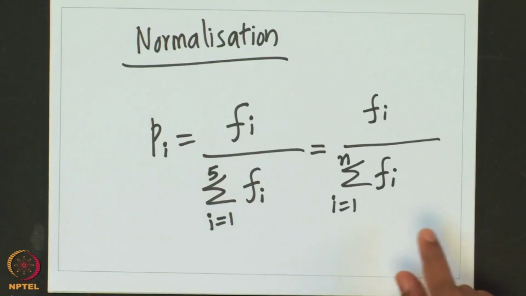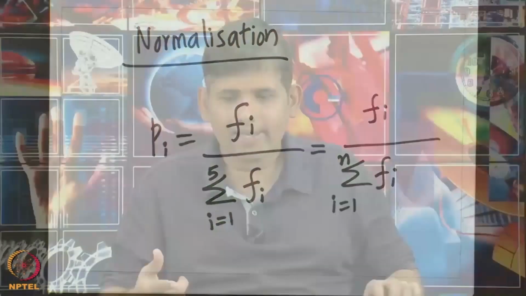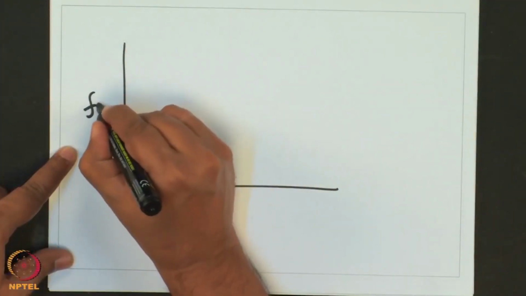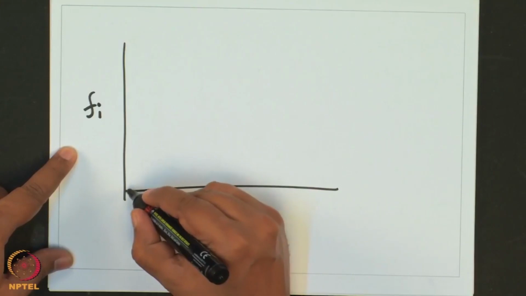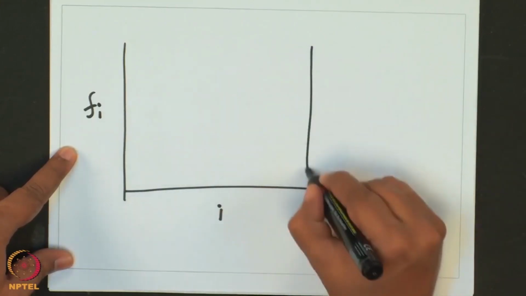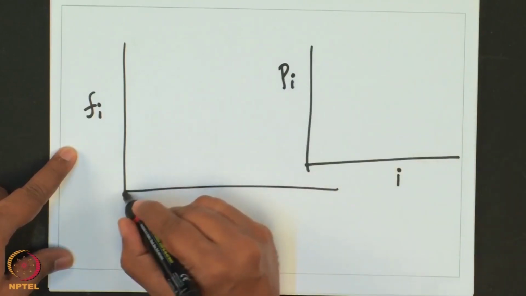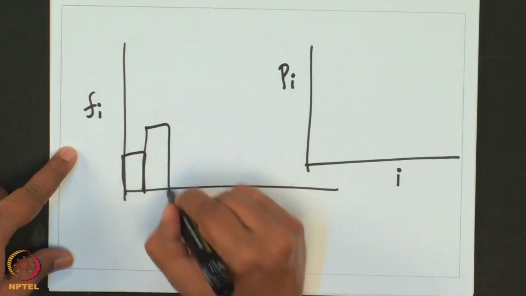Now, instead of plotting Fi, I could also plot Pi. So, I could plot Fi versus i, and you would get some graph. Similarly, I could also plot Pi versus i, and you would get some distribution like this.